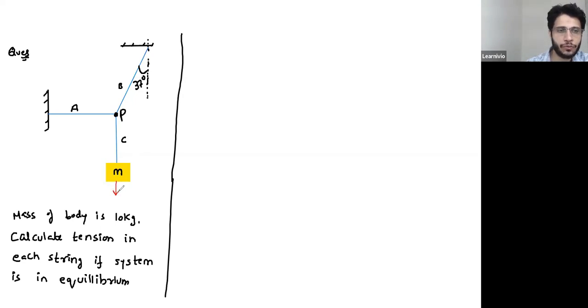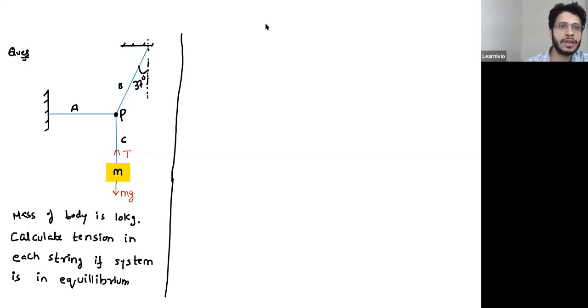One is weight mg acting in downwards direction. Yes, Fazil, two forces. Yes, good. Another is tension, which is acting in upwards direction. There is no other force on the body.